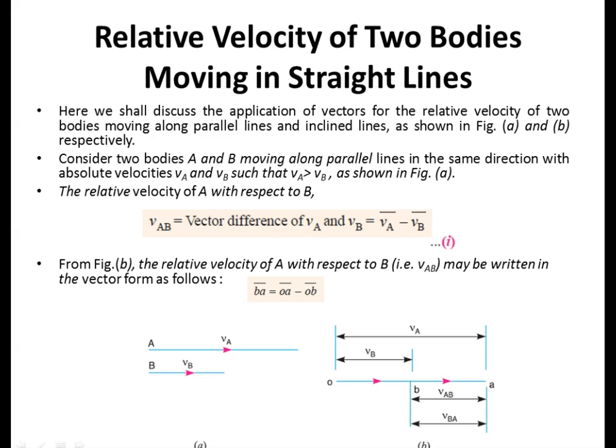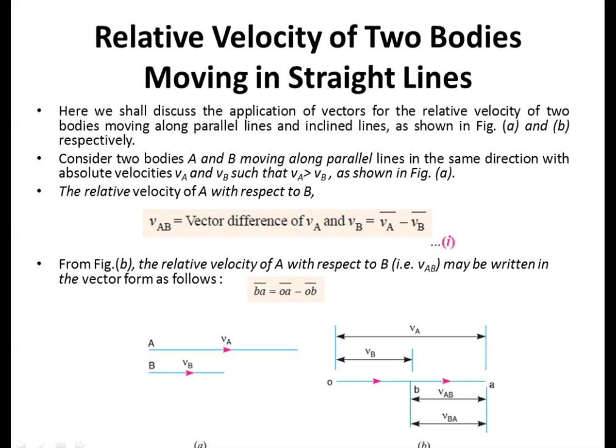We take the same scale and take O to A, we get some value of VA. In the same manner, with the same units, now we will take the second part for B. So we will take from initial point O to B. OB is up to here, that is nothing but velocity VB.